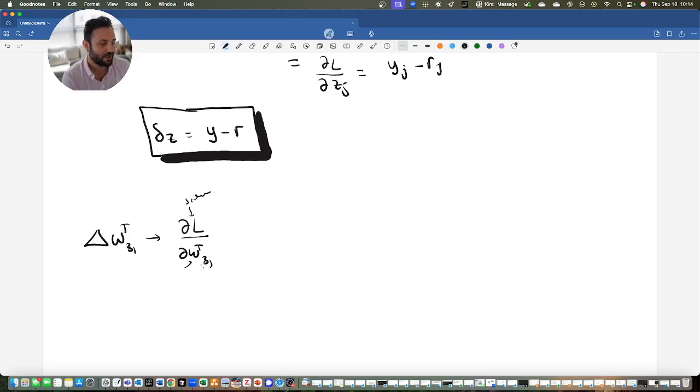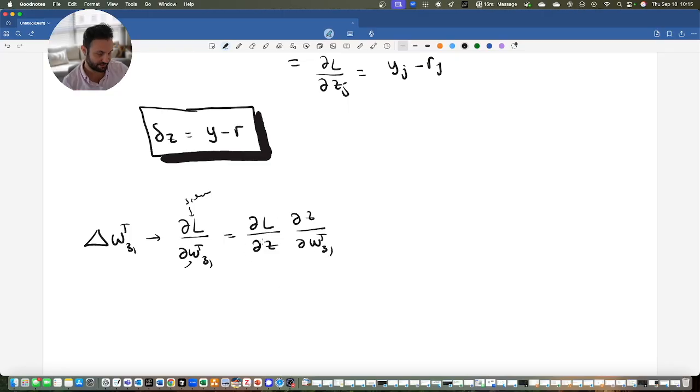So in order for me to calculate this, I know how they relate to the output, right? I know how they should be. I know how the delta z should be calculated and incorporated. So I know that delta z is here, and if I can calculate dz over dW31, I just calculated.